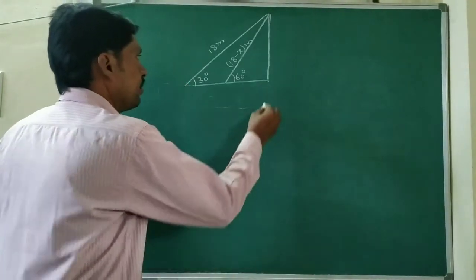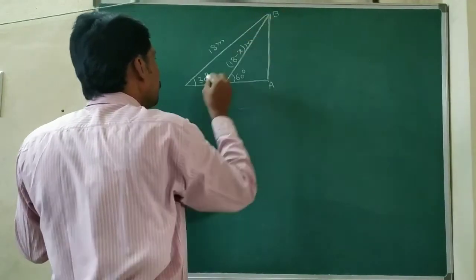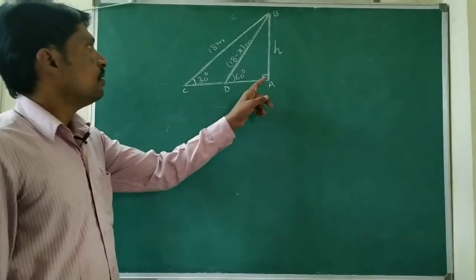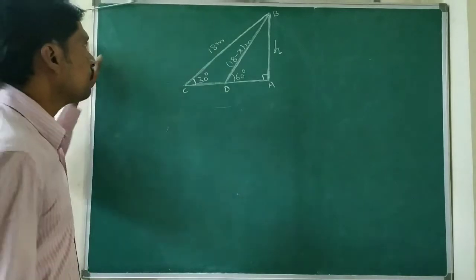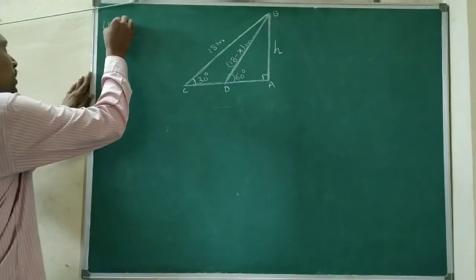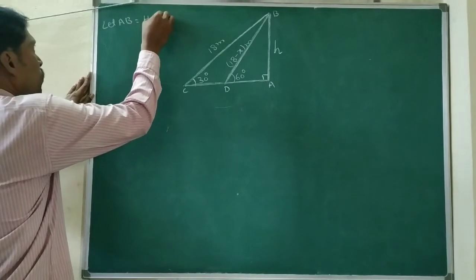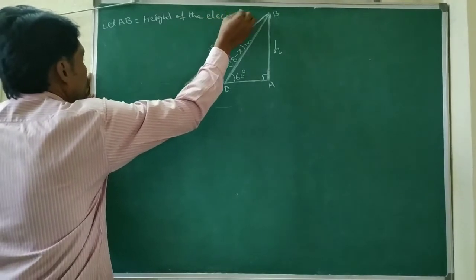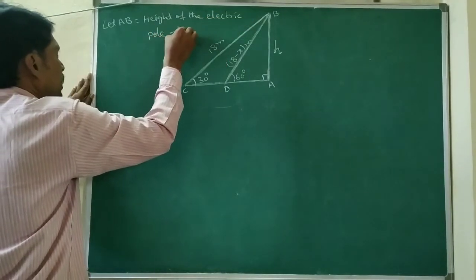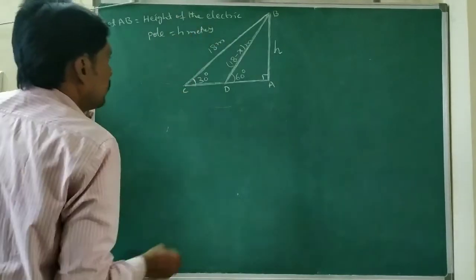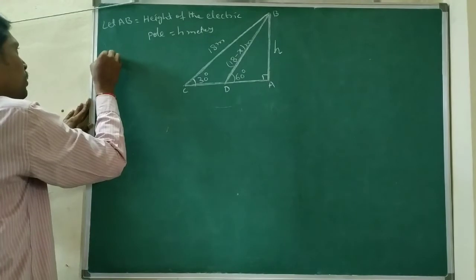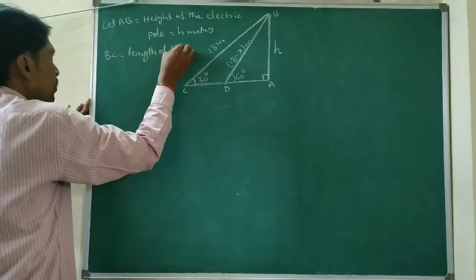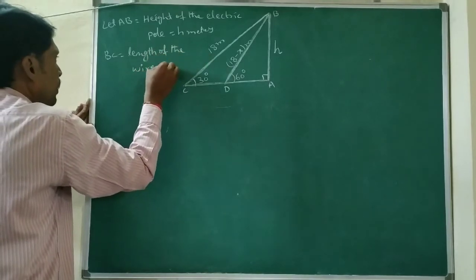See here, this is A, B, this you can take as C, and this is D. Here AB is the height of the electric pole, that is H meters. Next, BC is the length of the wire, that equals 18 meters.